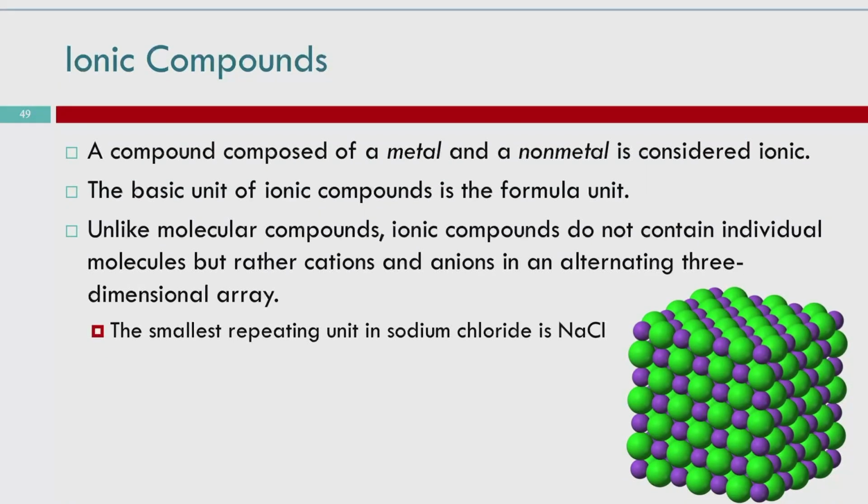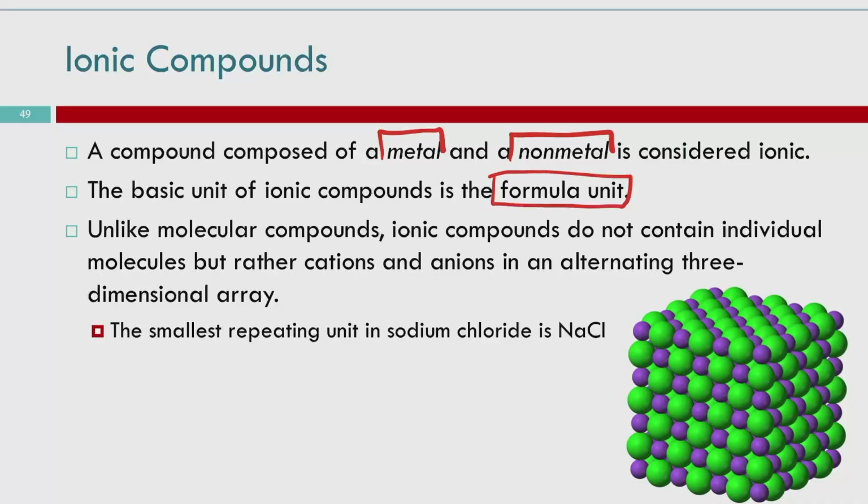More on ionic compounds now. Our ionic compounds are a metal and a nonmetal. We talked about that on the previous slide. And our smallest unit, our basic unit, is the formula unit. The reason that it's a formula unit and not a molecule is that if we look at this representation of sodium chloride, our sodium, I think, is the greens here, and our chlorines are the purples.